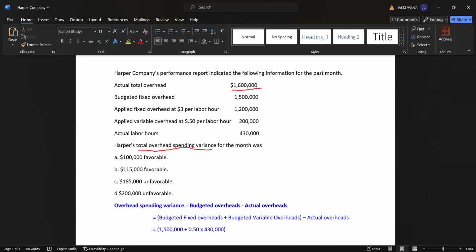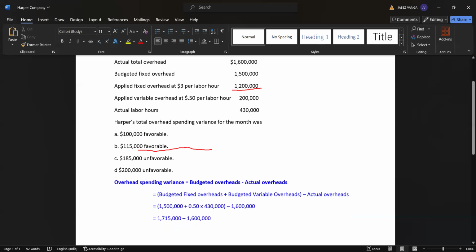So this calculation will help us to understand what is the total budgeted overheads. Minus actual overheads is 1,600,000. So here we have this one as 1,500,000 plus 215,000. So this gives us 1,715,000 minus 1,600,000.